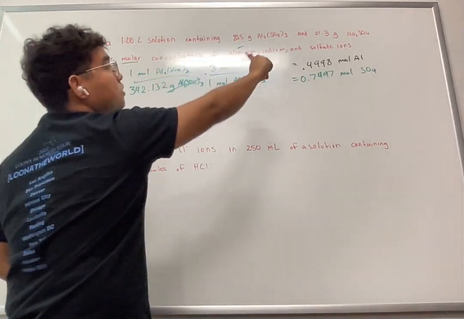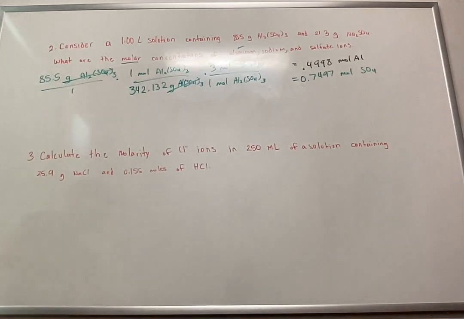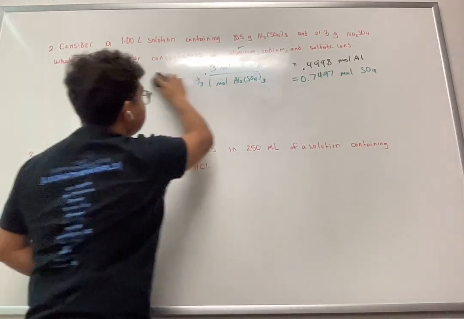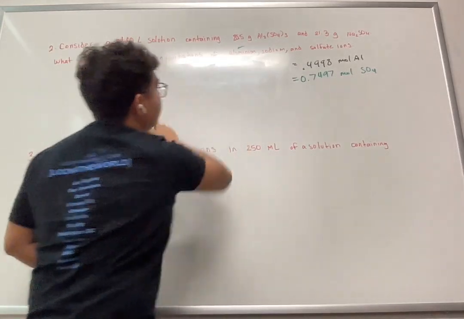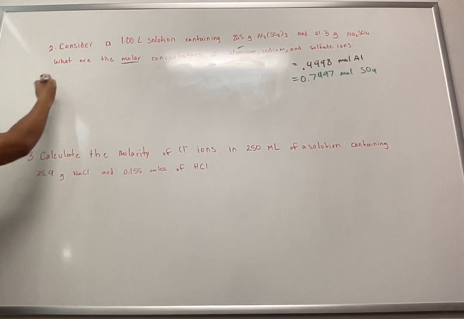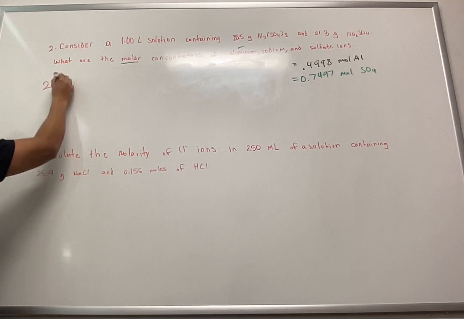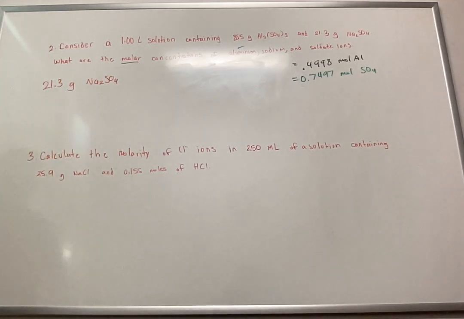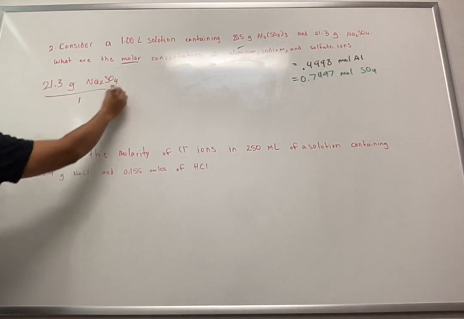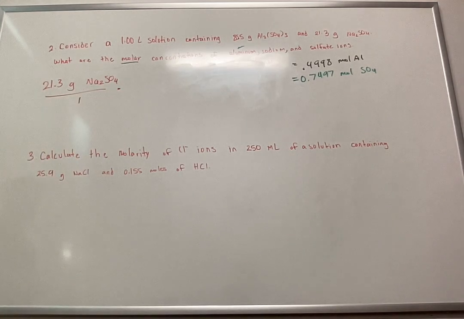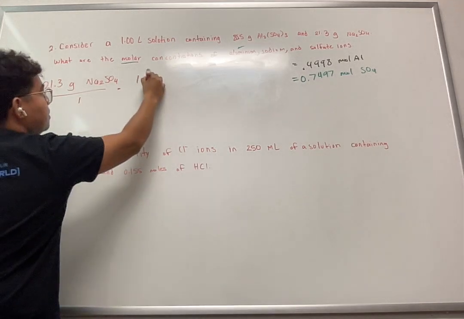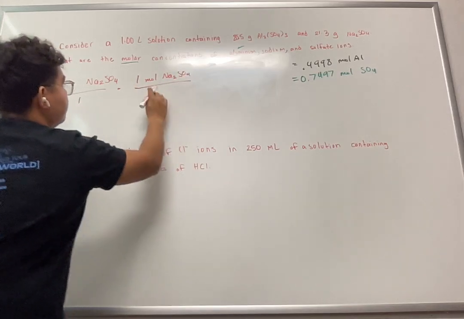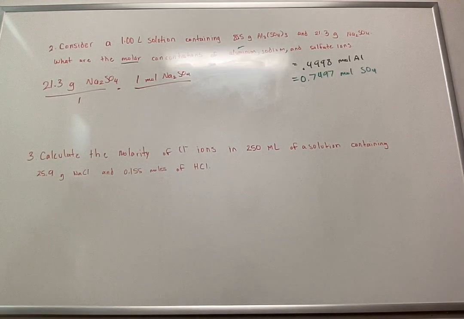The sodium sulfate, 21.3 grams of sodium sulfate over 1, almost forgot, times 1 mole of sodium sulfate over the mass of that sodium sulfate.